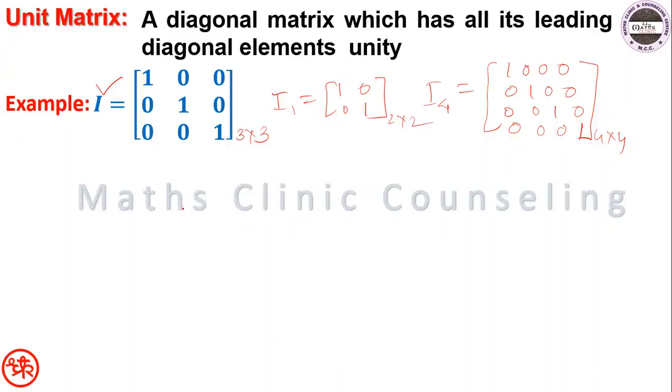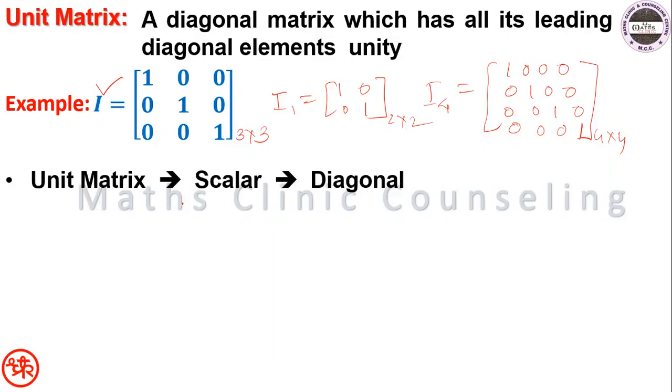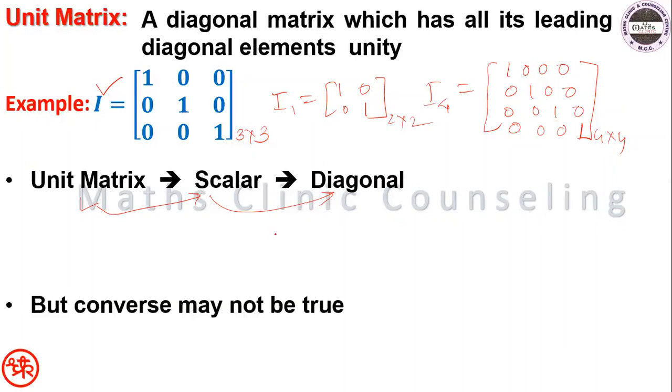It is also a diagonal matrix, but the converse may or may not be true. Is that clear? So look at here. Every unit matrix is a scalar matrix, and every scalar matrix is a diagonal matrix. But the converse cannot be true.